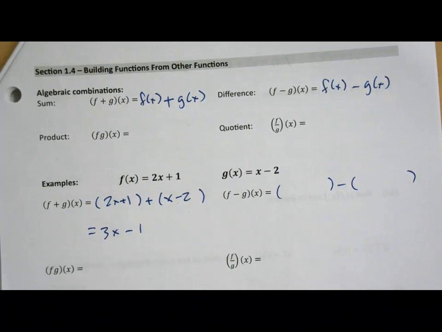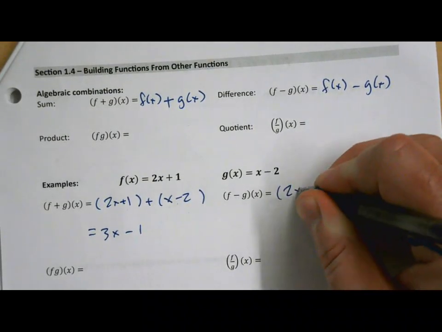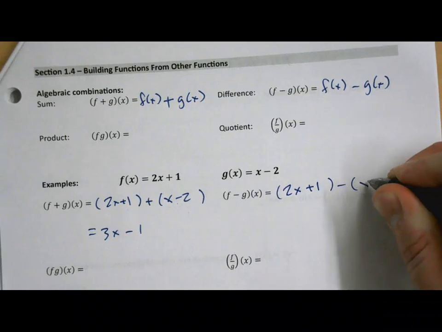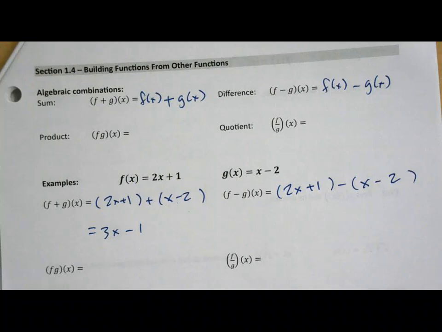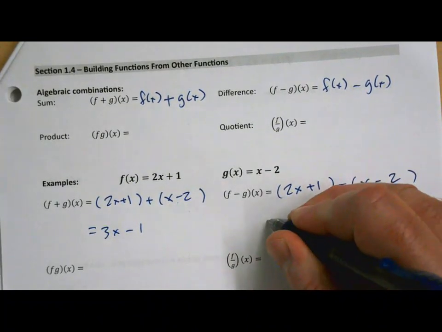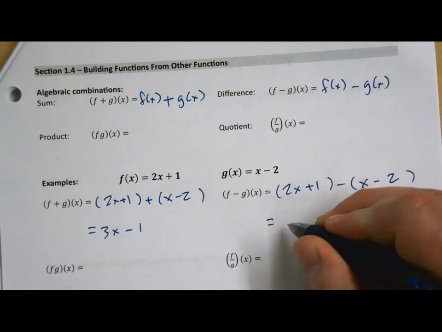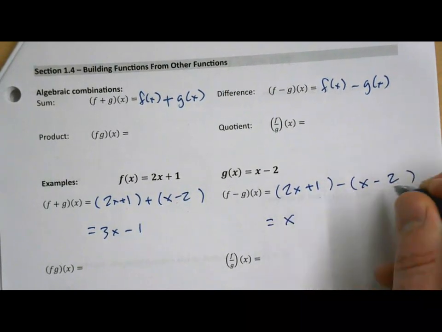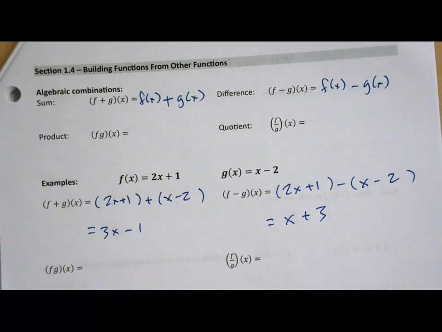I split the thing up into 2 separate tasks so I don't accidentally copy something down wrong while I'm trying to remember the overall format. Simplified correctly, this would be 2x minus x is x. 1 minus negative 2 would be plus 3. All right, so far so good.